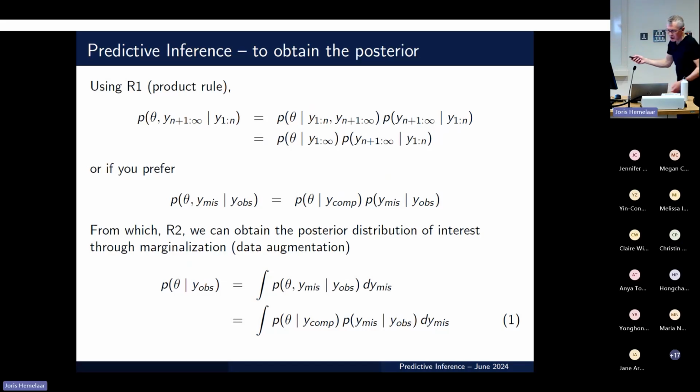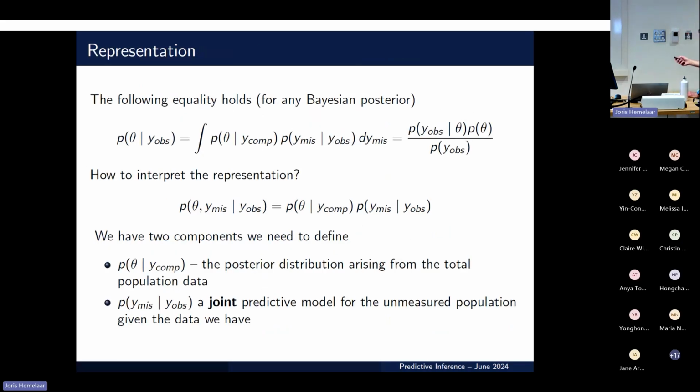Okay, so we expand out the joint distribution to include data that we don't have, and then we marginalize out the data that we don't have to get back to the target of interest. And we're going to talk through an example of why that might be interesting.